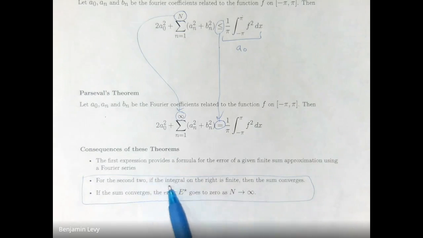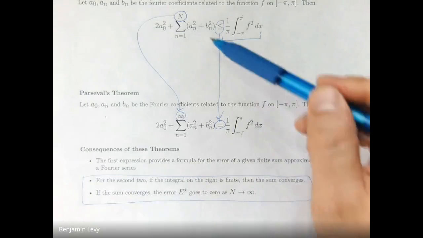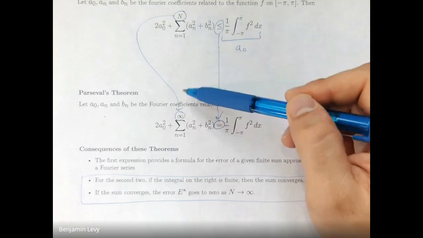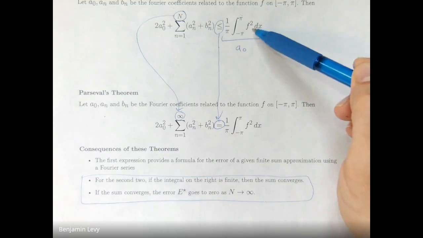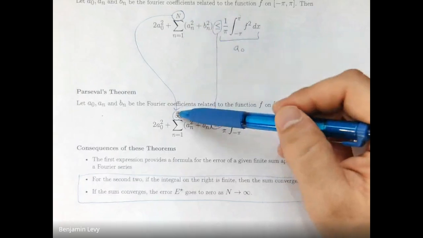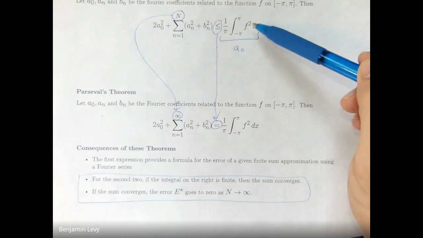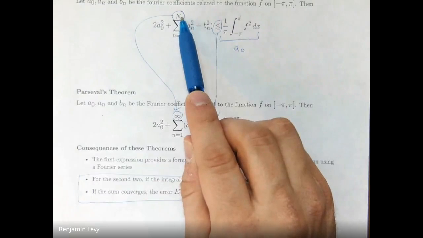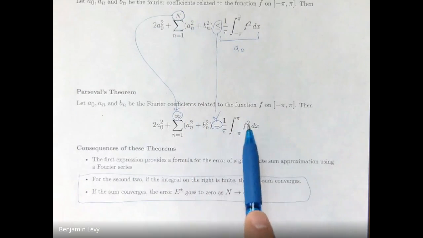And so if you get a finite integral, then the sum will converge, right? So if this sum is always less than or equal to this, and you let n go to infinity and this is a finite thing, it runs into the finite value. If this is infinite and you let it go to infinity, it may not actually catch up to that. So if this is a finite thing and you let this one go to infinity, you're going to get equality here.